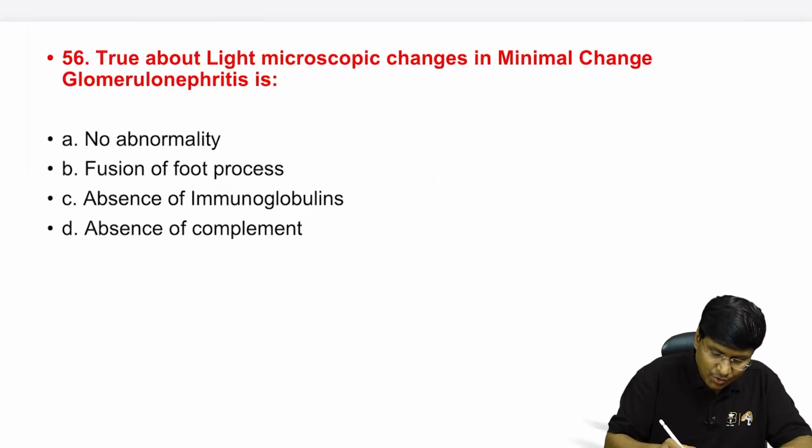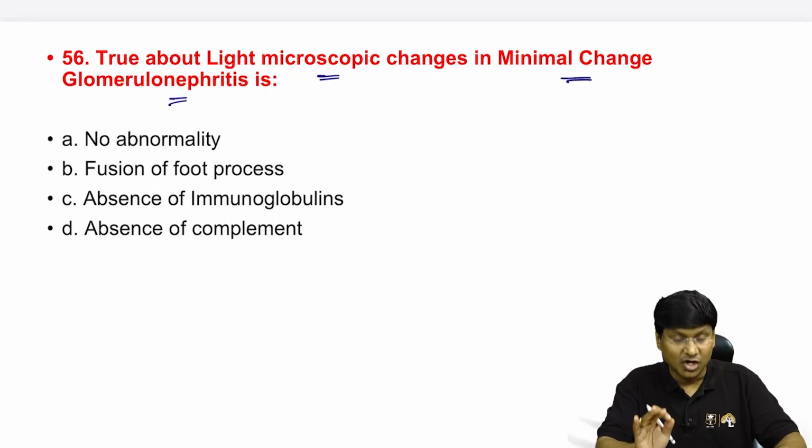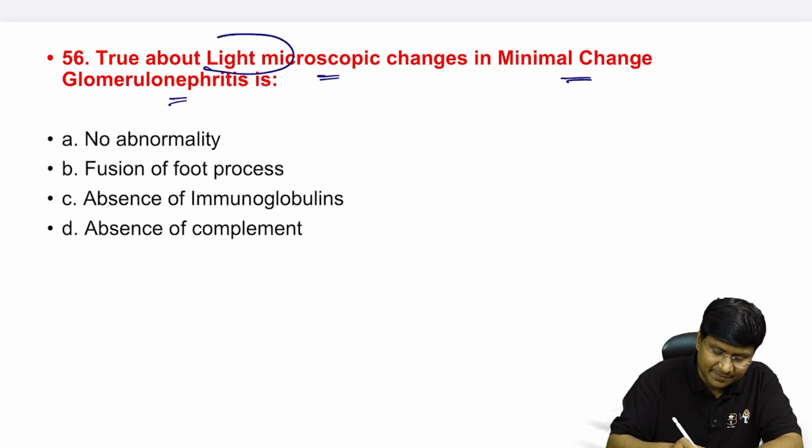Next question. True about the light microscopy changes in minimal change disease. The options are: no abnormality observed, fusion of the foot process, absence of immunoglobulin, absence of complement. The question asked is about light microscopy.